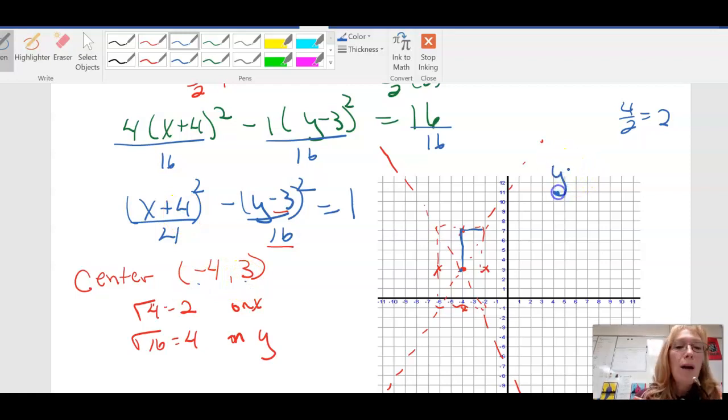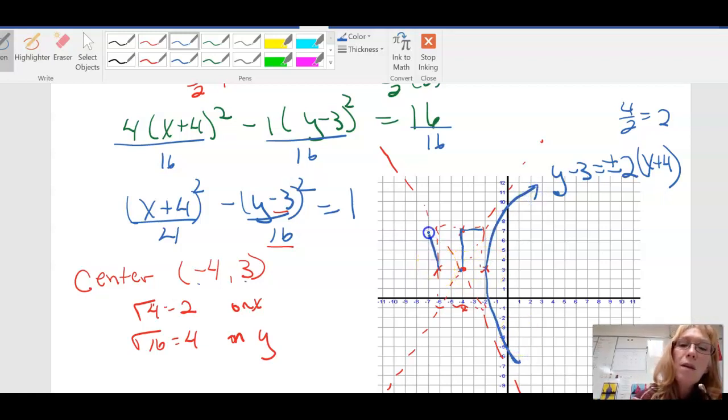We go y minus 3, point slope form, equals plus or minus, so I only have to write this once, 2 times (x plus 4). That's the equation of your asymptotes. We know it's opening in the x direction, and we can sketch it in, which you're doing pretty well on.